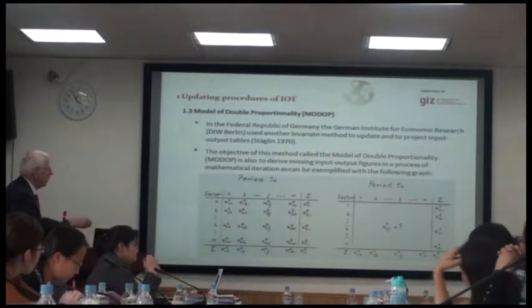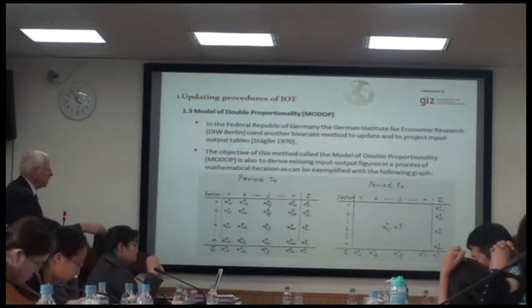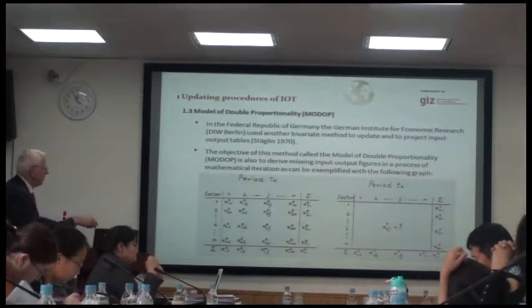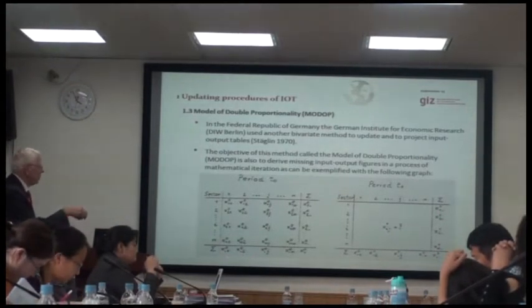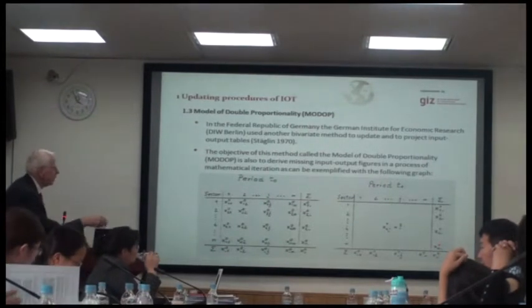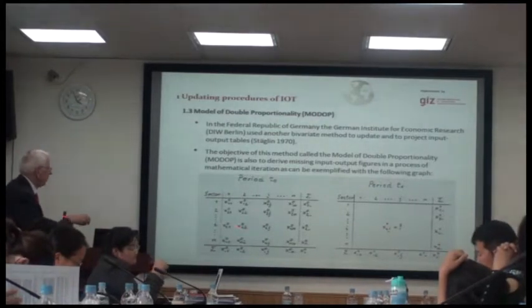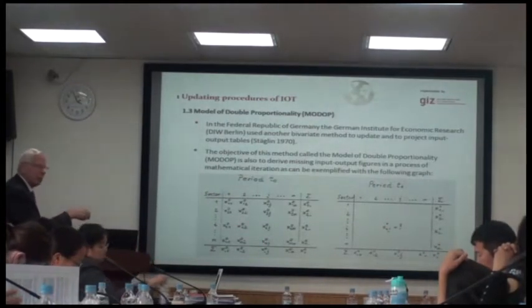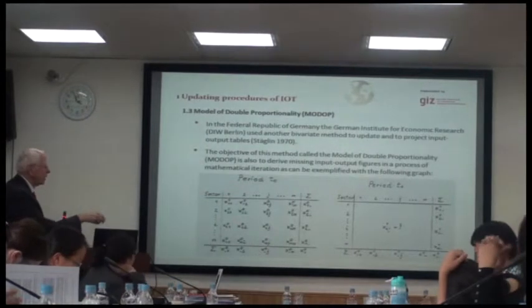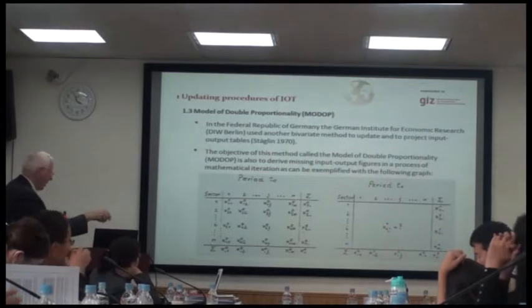So we have here all the intermediate outputs for the new period, let's say 2005, and we have also the intermediate inputs for the period. But what is missing? All the intersectoral transactions, our xij1, because here we have xij0, but we have nothing for the period 1. How can we arrive at these figures?